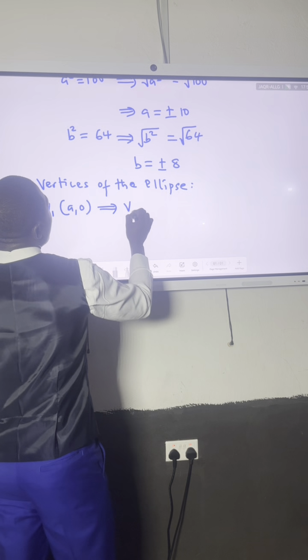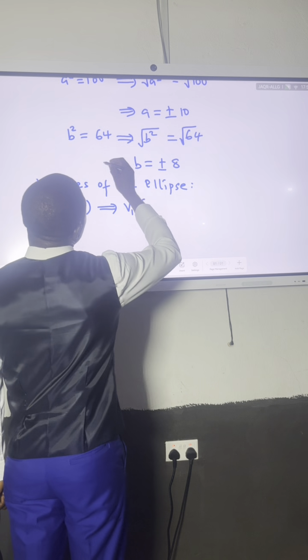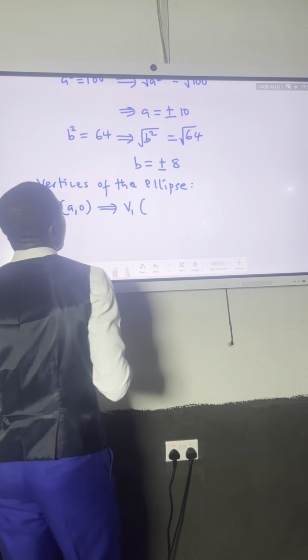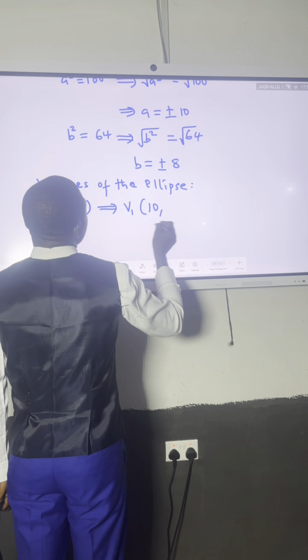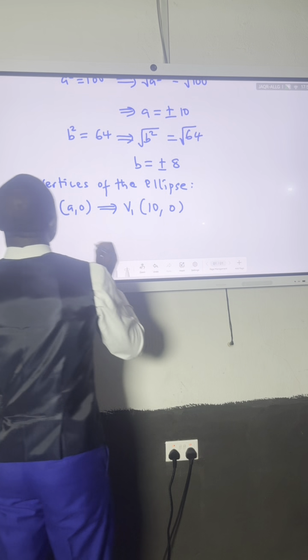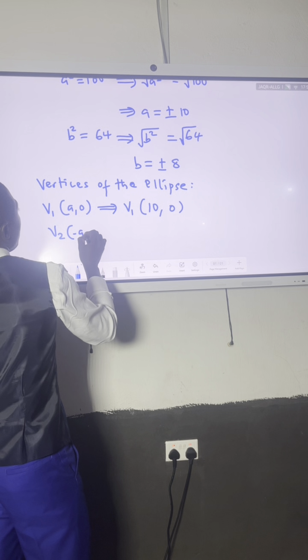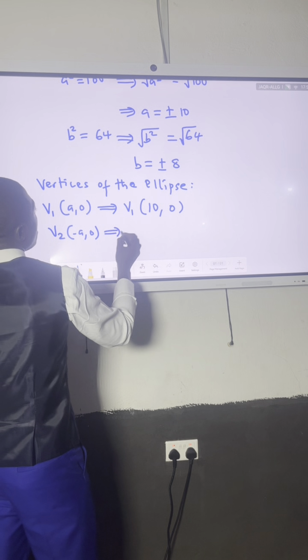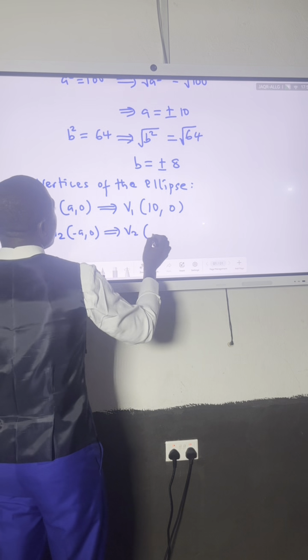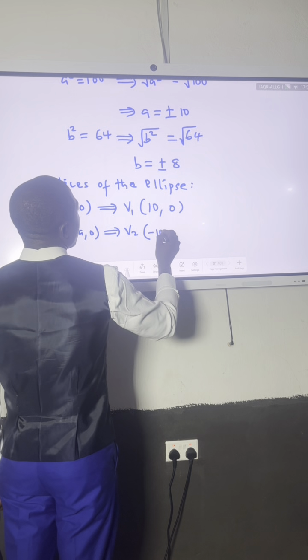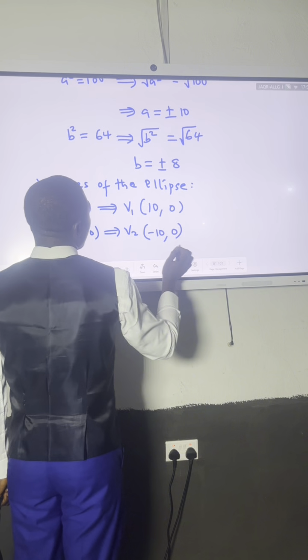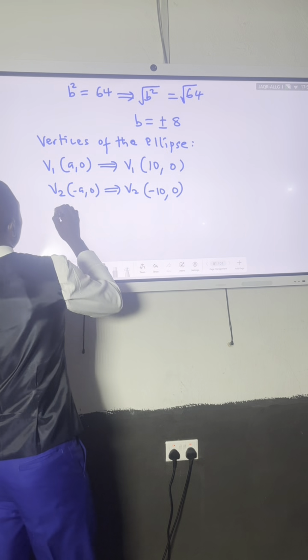That implies that V1 in this case, what are the values of a? Plus or minus 10. So we can have plus 10 and then 0. V2, which is the second vertex, is negative a, 0, meaning that V2, if you replace, you are going to get negative 10, then 0. Okay, 2 more to go.